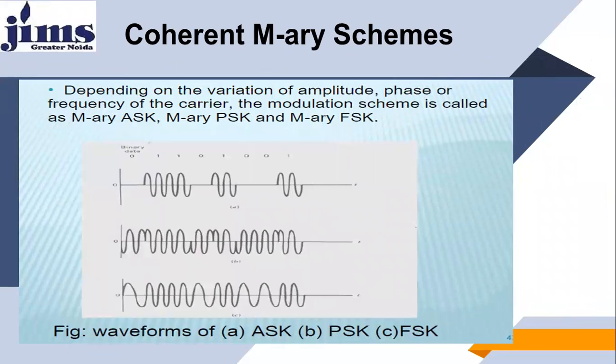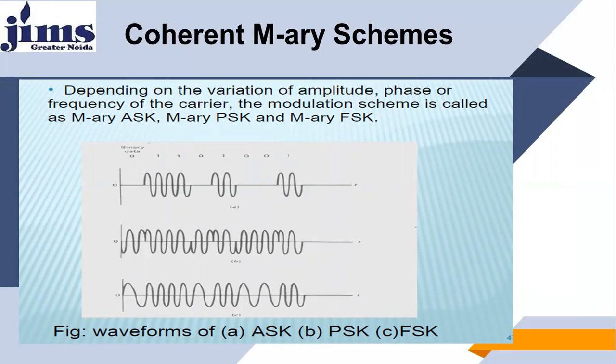Now, depending on the variation of amplitude, phase, or frequency of the carrier, the modulation scheme is called M-ary ASK, M-ary PSK, and M-ary FSK. Actually, after you combine the number of bits, right, 2 or 3 or 4, you decide which parameter of the carrier you want to change according to the combination of bits.